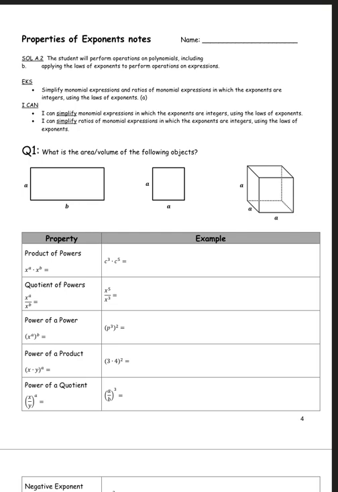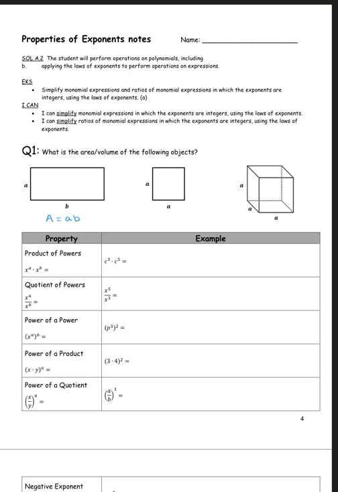All right, so taking a look at question 1, it says, what is the area and volume of the following objects? When we look at the rectangle, if we want to look at the area of a rectangle, we always use area equals the A times the B, so your length times your width.